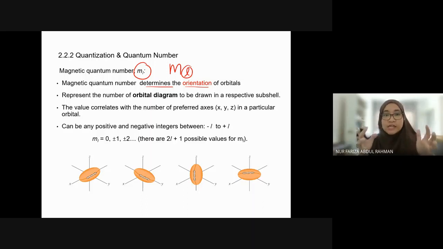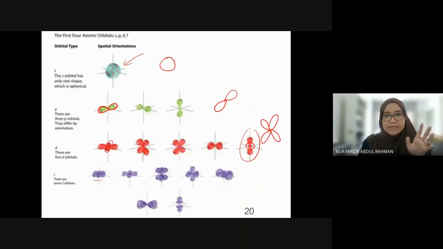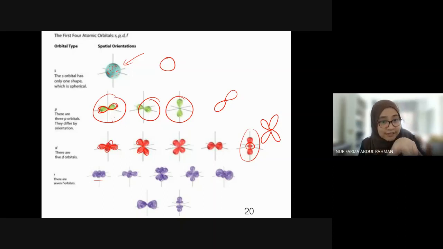Just now we learned about the shape of the orbital. We know that the S orbital is spherical, and the P orbital has two lobes. But as you can see here, you may have wondered why for the P orbital we have 3 orbitals: 1, 2, 3. As you can see from the figure, they have the same number of lobes, but they differ in terms of orientation.